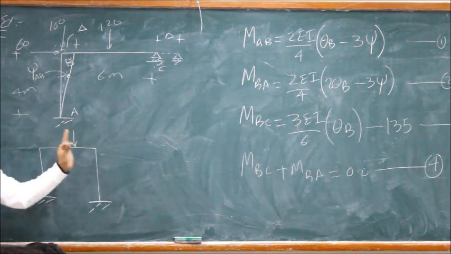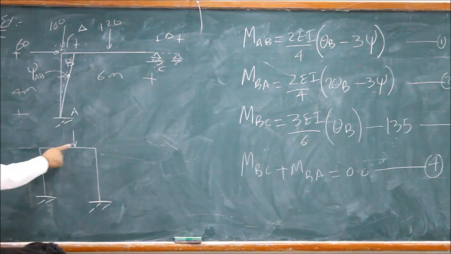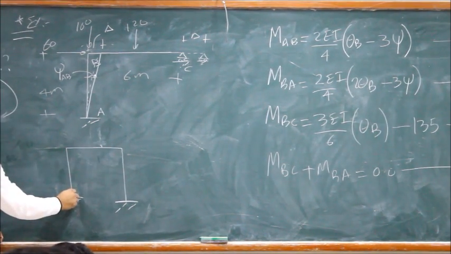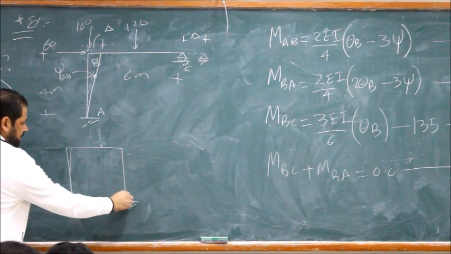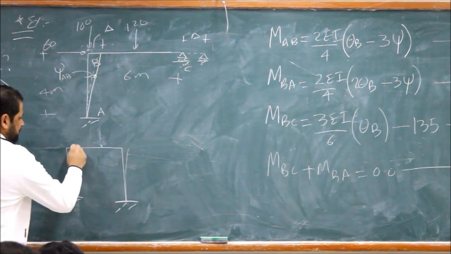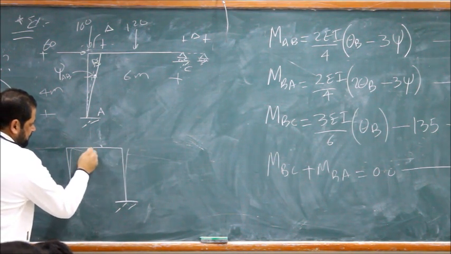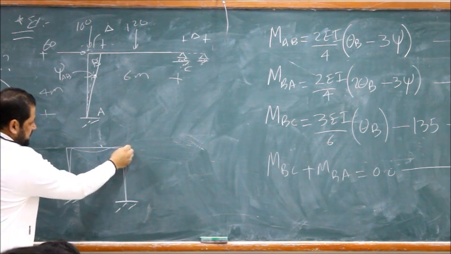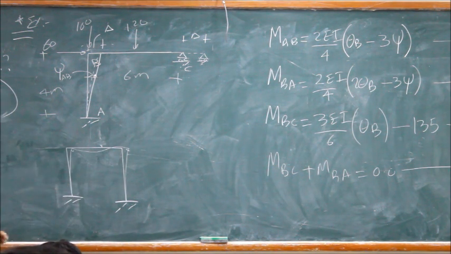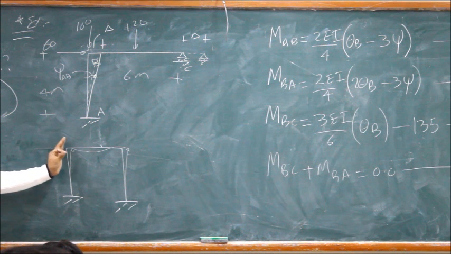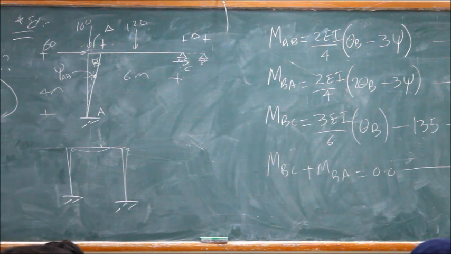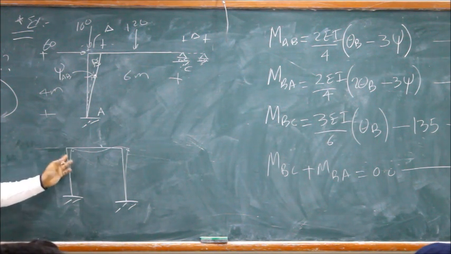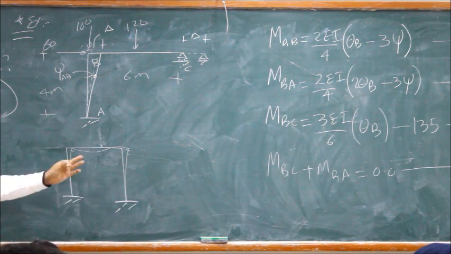If it's unsymmetric, this will move and you will have a sway. This rigid joint stays 90 degrees, the same as the original angle. If you rotate, they go together with the same rotation. If it's 90 degrees, it stays 90 degrees after the deformed shape.